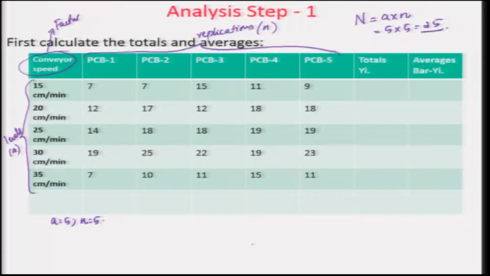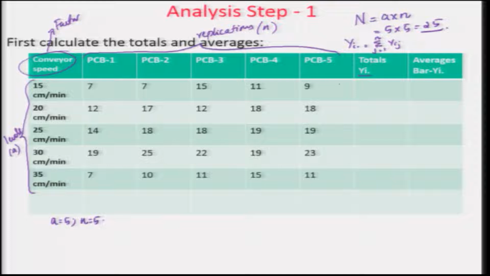I told you earlier we are supposed to calculate something called yi dot. Yi dot is calculated as the sum over j equal to 1 to n of yij, for each value of i.